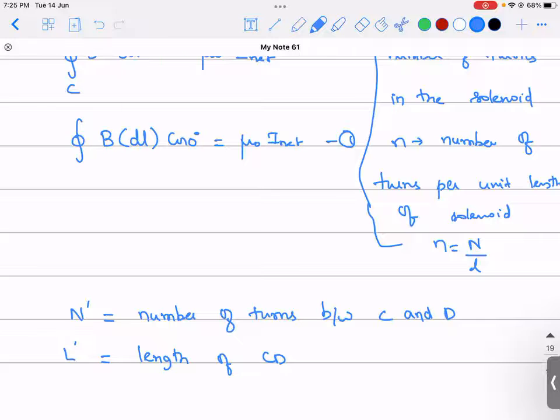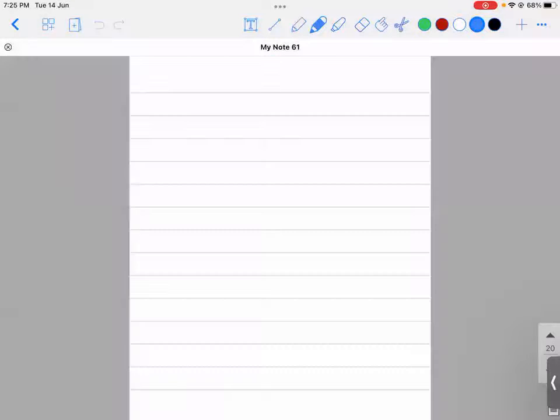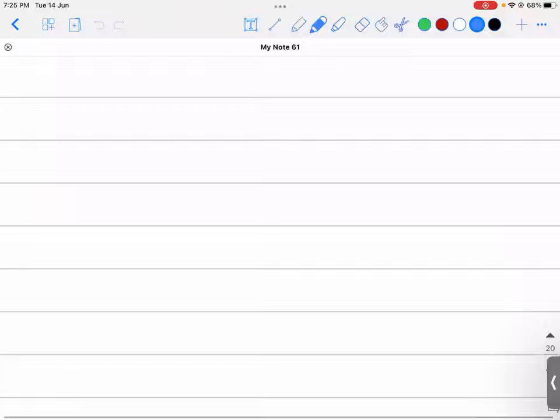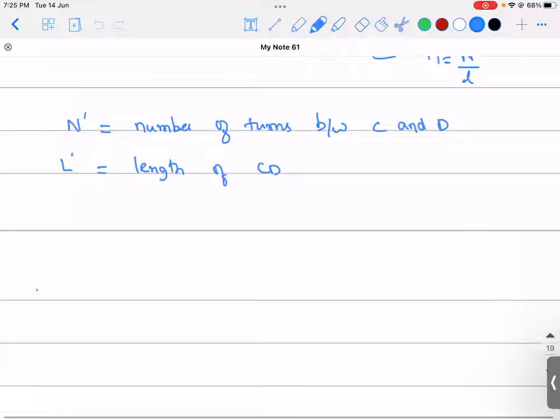So when that is the scenario, then n dash will be equal to small n into L dash. Correct? Is it right? N dash will be equal to small n into L dash.